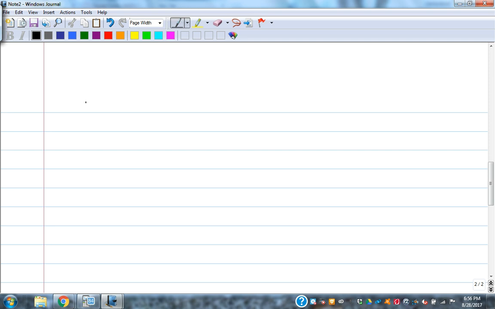Same section. Let's do order of operations. Everybody's done order of operations. Order of operations, they're the law of the land when it comes to math problems. If you don't follow order of operations, you will not get the same answer as everybody else. We had to establish some sort of hierarchy of things.